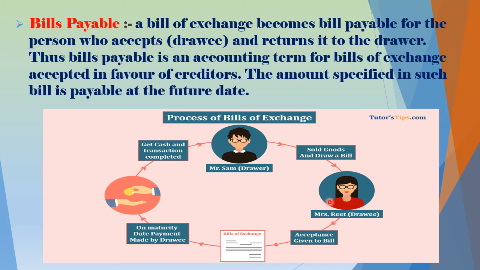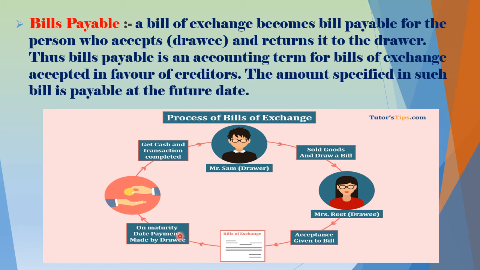Mrs. Reith accepts and signs it and gives it back to Mr. Sam. So this bill now remains with Mr. Sam, and on maturity, say 1st January is the date, after 3 months means February, March, April. So after the 1st of April he will get the money into his bank account, and the transaction will be completed.